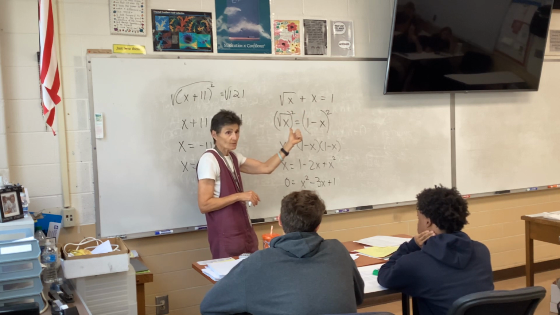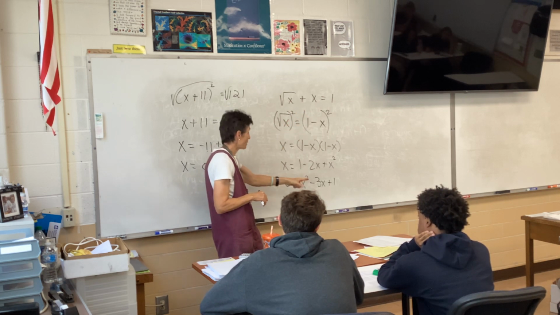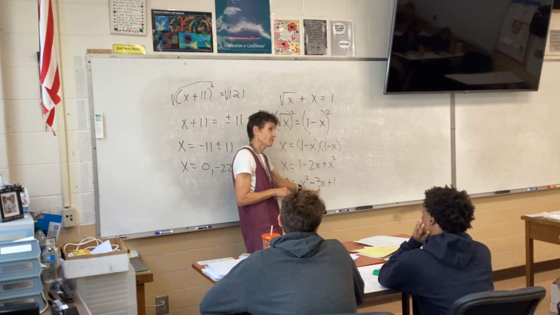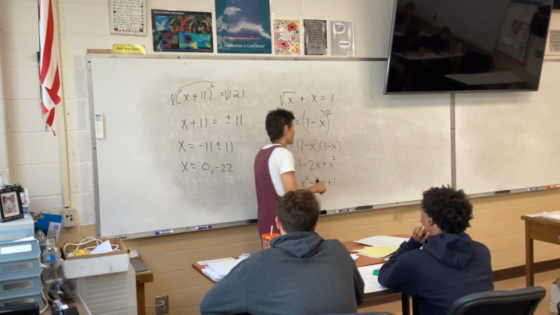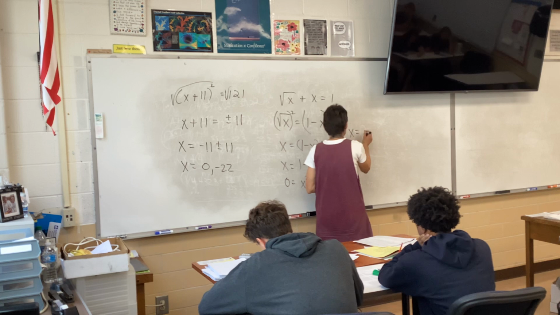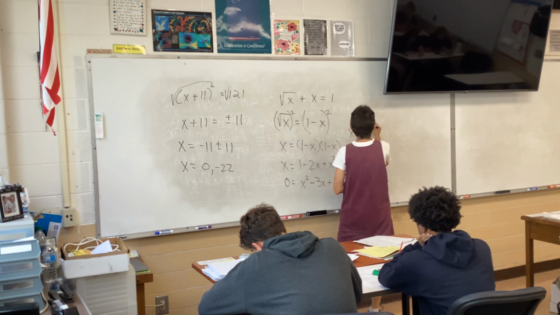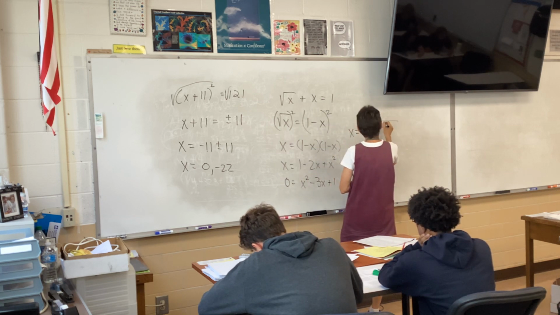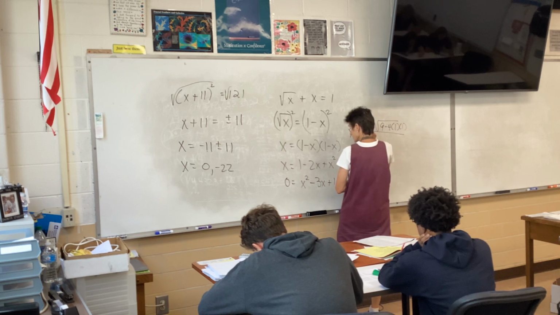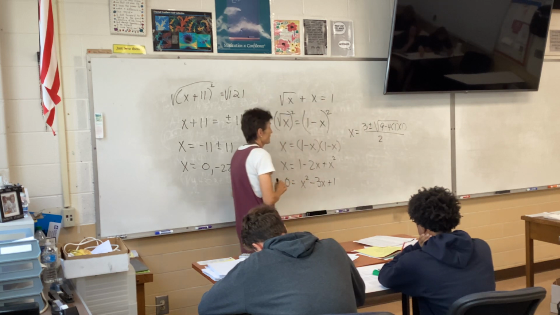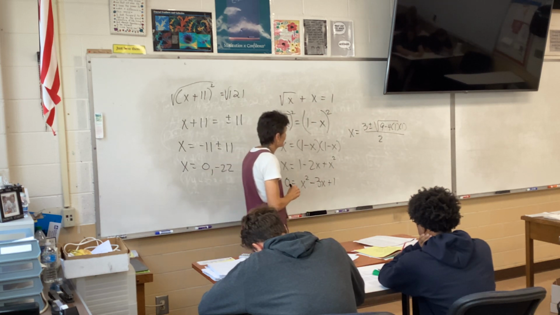This one doesn't factor, so I could complete the square, but this is gonna be a hassle because I have to divide by 2. So I think I'll just use the formula, but it doesn't make any difference. You will get the same answer if you decide to complete the square. I know some of you like completing the square the best, and that's perfectly okay if that's what you wanna do.